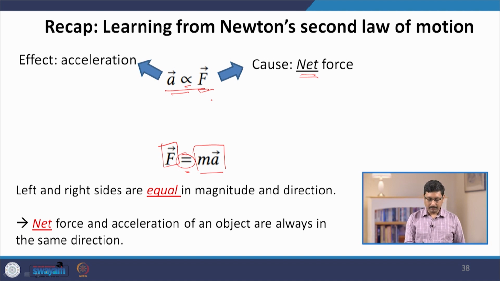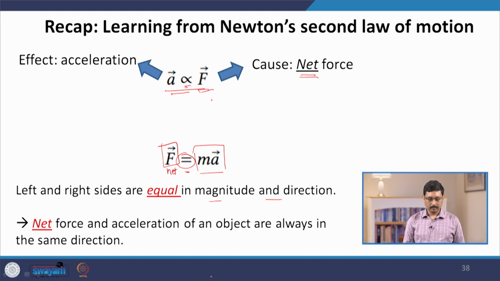The equality says that if you determine independently the acceleration and the mass on one side, and F on the other, then they will be equal, where F represents the total force acting on the system, and this equality holds in both magnitude and direction.